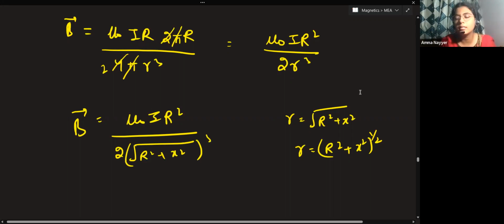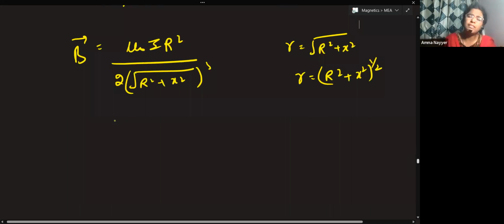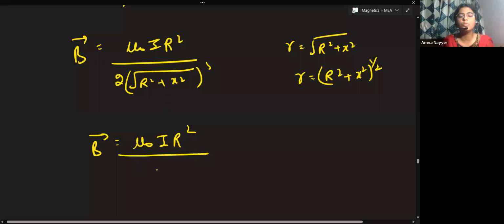So this is the final answer for magnetic field, which you have to remember. The derivation is lengthy, but it's not tough. Honestly, it just looks lengthy. You just have to substitute the values of dB and cos theta. So this becomes mu naught I R square divided by 2 into R square plus x square to the power 3 by 2.